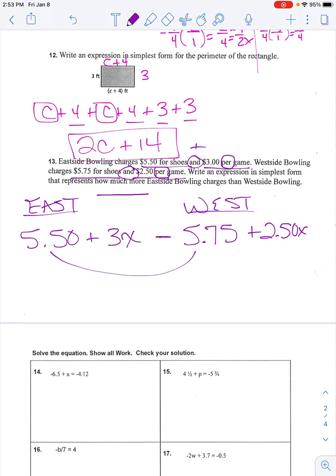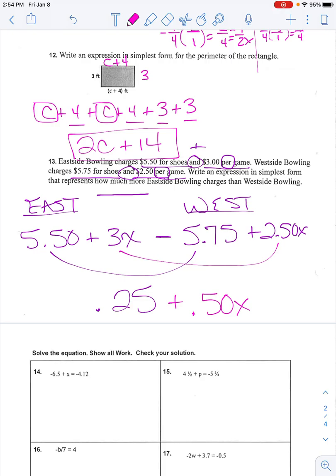Okay, the difference between the shoes would be 25. Those aren't shoes, are they? Yep, they are. 25 cents. There's no X there. The difference is 25 cents for the shoes. And then the difference in the amount per game is 50 cents per game.